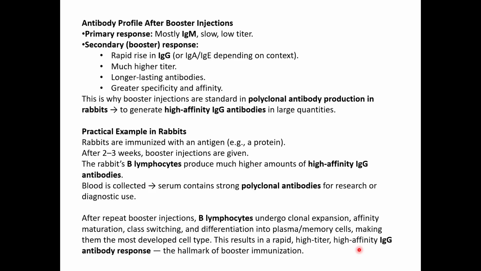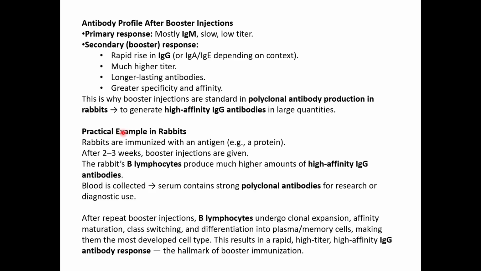So your antibody profile after your booster injections is basically, in primary you have IgM, which is slow and has lower titer. Secondary you have rapid rise, high titer, IgG predominant, and long lasting antibodies with long lasting memory and greater specificity and affinity. This is why booster injections are standard in case of polyclonal antibody production in rabbits to generate high affinity IgG antibodies in large quantities.